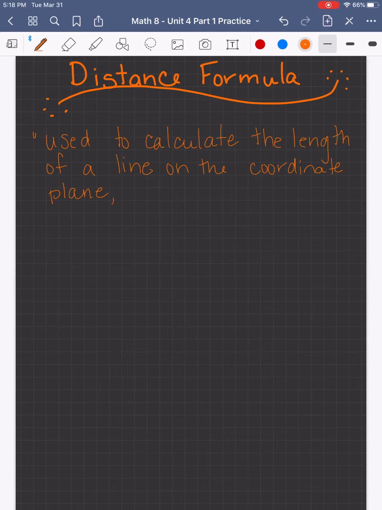Okay, but without graphing. So we use this when given 2 points on the line.